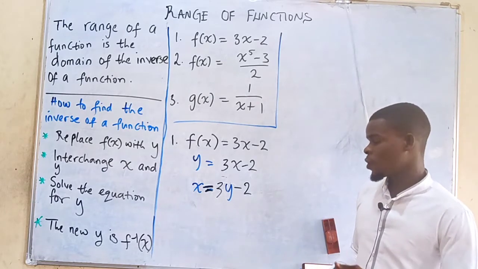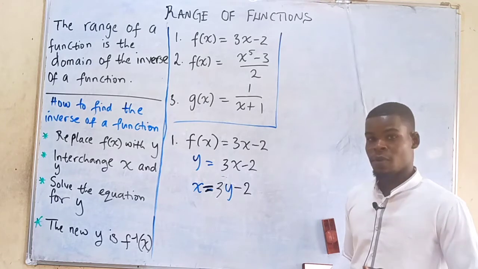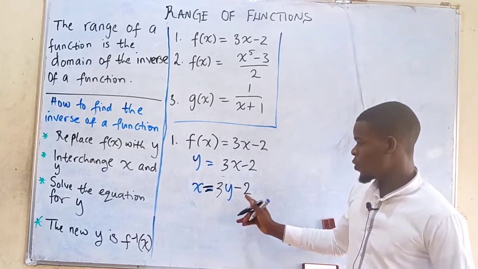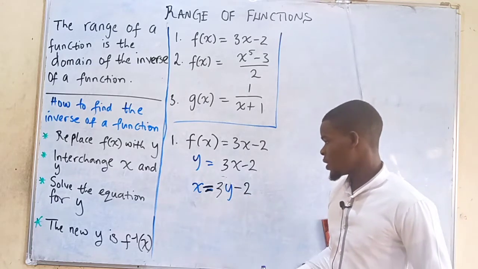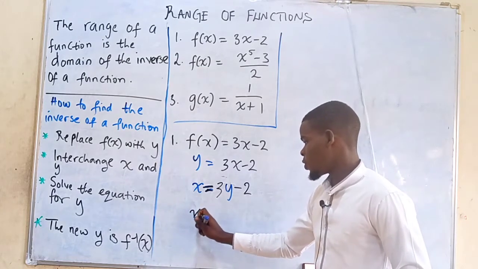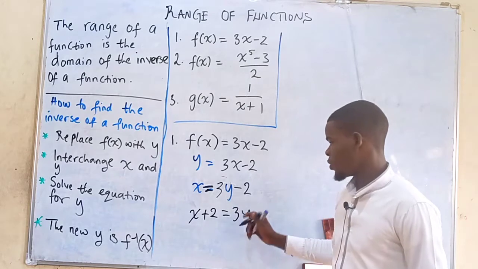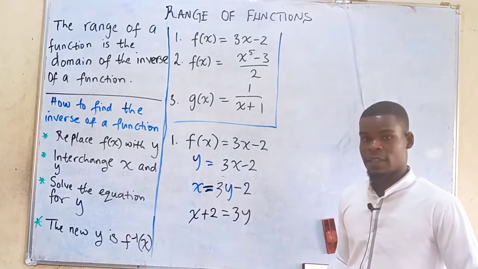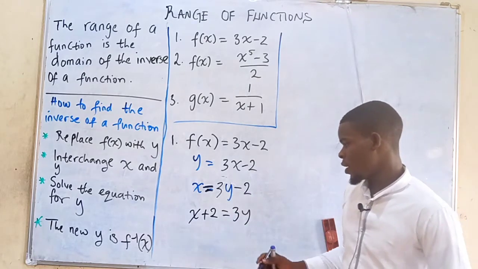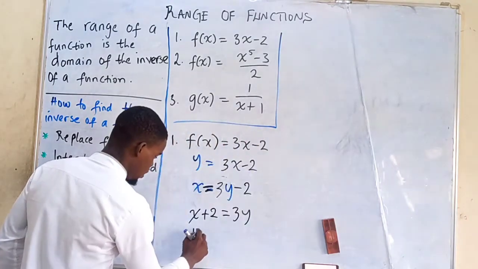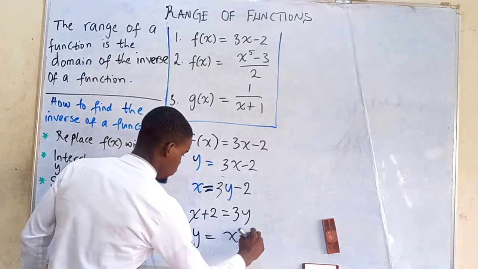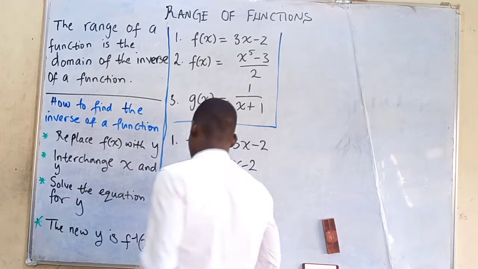And that will be by, first of all, adding 2 to both sides and dividing both sides by 3. So to get y to stand alone, we need to add 2 to both sides. That gives us x plus 2 will be 3y, right? So that's just by moving 2 to the left-hand side. And then we divide both sides by 3. That tells us that y is x plus 2 divided by 3. Great.